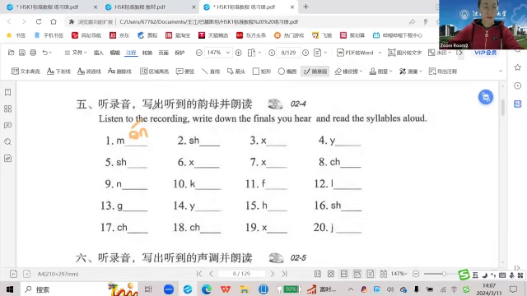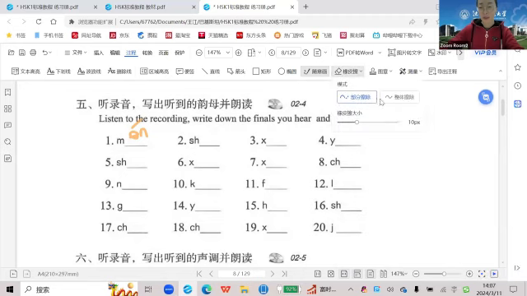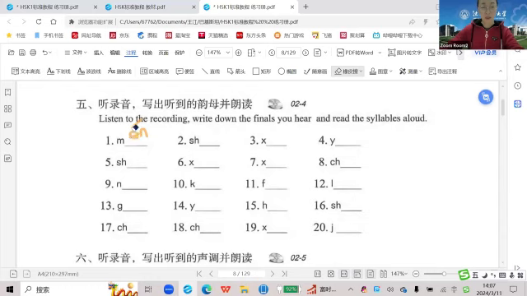It's so hard to write on the screen. The final is en, not an, and the tone is the second tone.